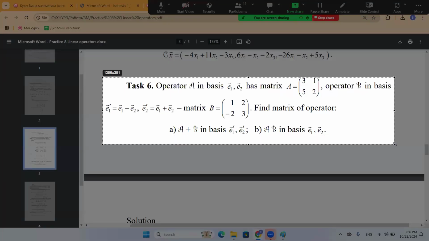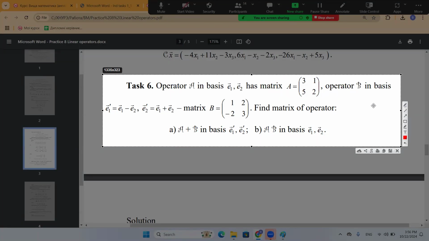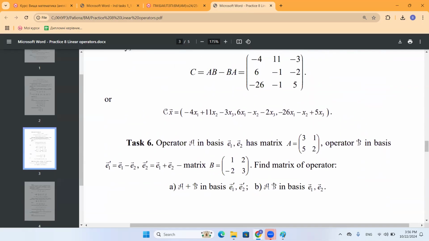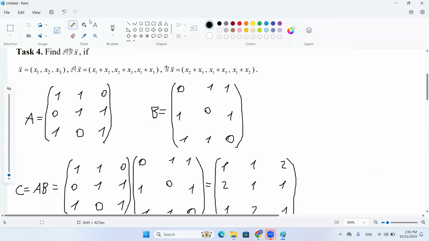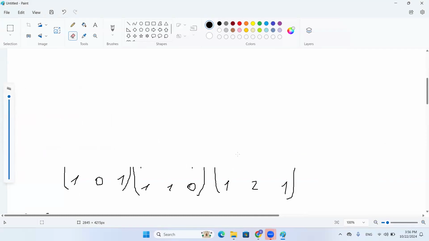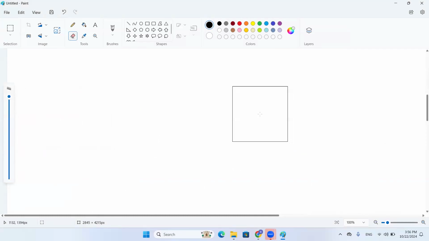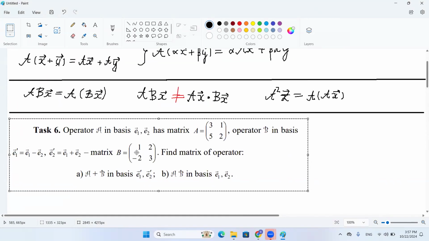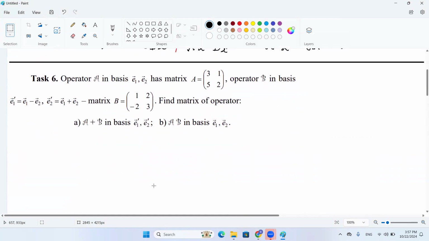So let's go with it. We have operator A in basis E1, E2, given with this matrix.